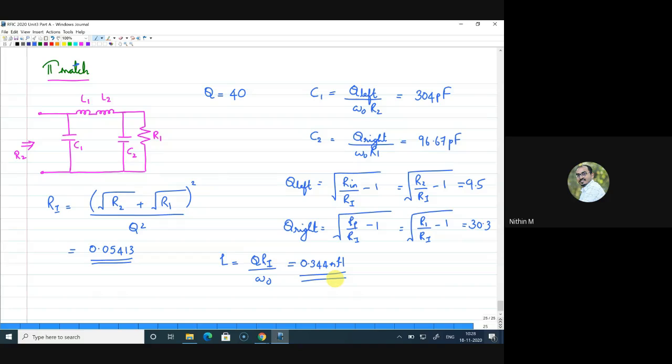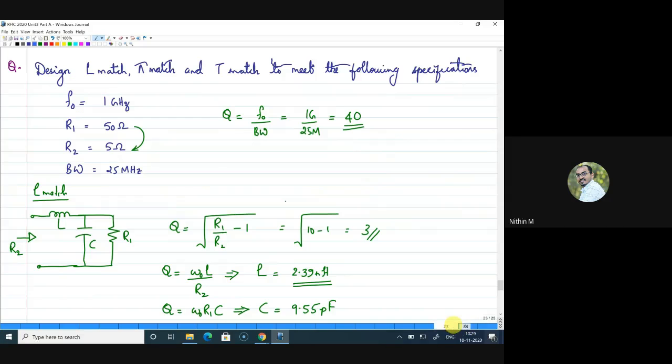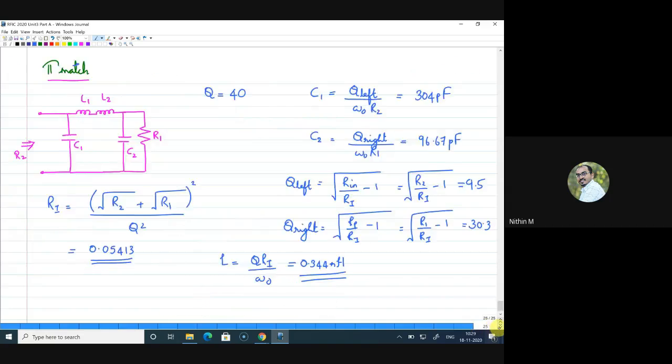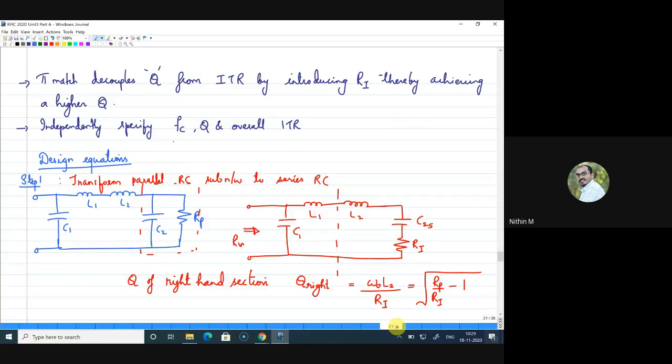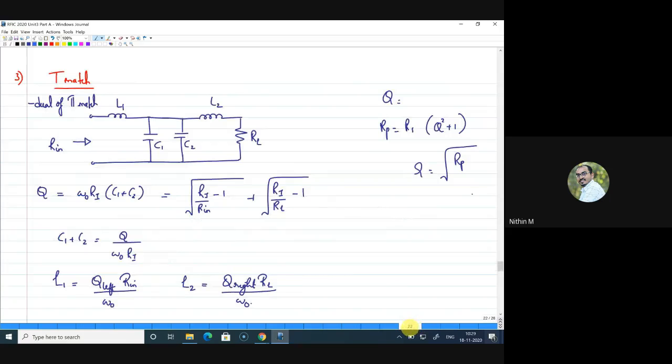We are looking at whether this match provides a proper transformation ratio. So these are the component values. Now you can try the same with the T match and let me know the results.